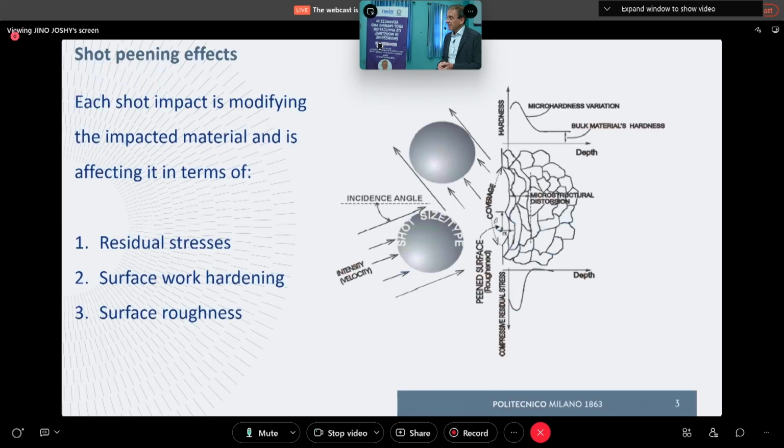Okay, and now, we have already seen this figure, and I'm recalling it because it makes evident these three effects.